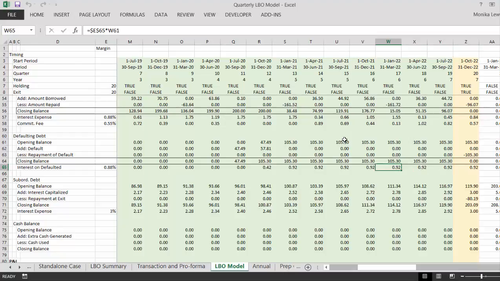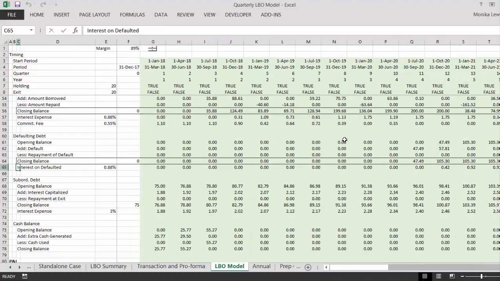And then that goes to 0, and then we do have some interest on the defaulted debt. You could even put a default interest, but be very, very careful. That default interest should apply to this debt too. So if you put a higher default interest, then you should say, if this opening balance is greater than 0, we're going to apply it to both. As long as you do it with the opening balance, I don't think you'll have a circular reference.